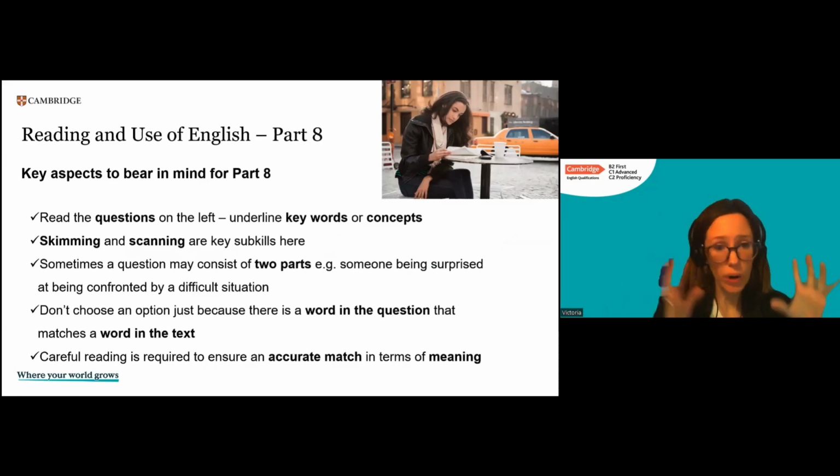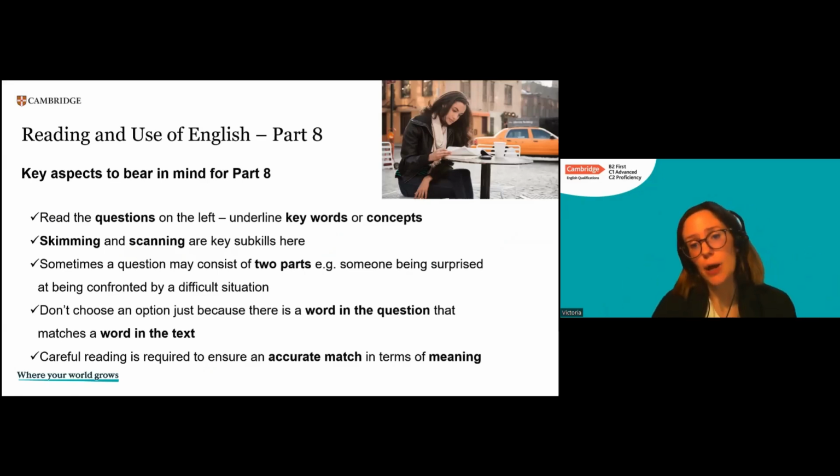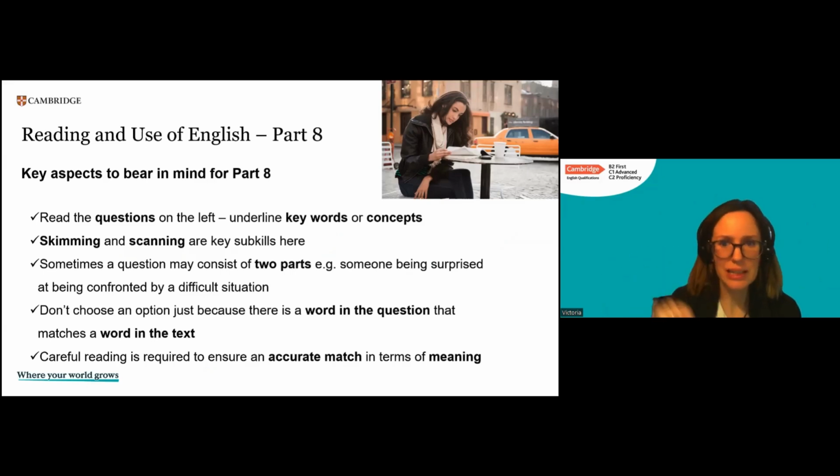The questions are on the left. So maybe you can look at them before reading the text, and it's a good idea, as you said in the chat box, to underline keywords or concepts.